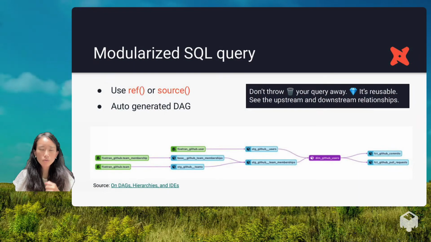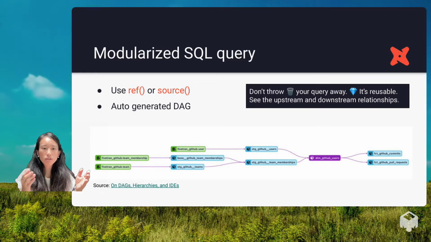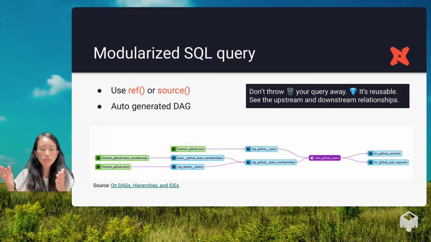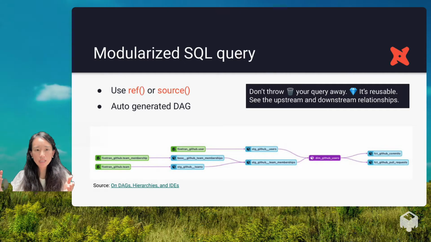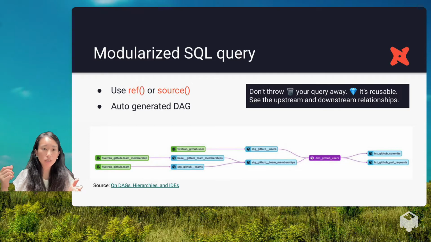The benefit of using dbt is not just about writing SQL. It's that when you write SQL, you can reuse it. And if you use the ref and source functions in dbt, it will auto-generate the DAG. As you can see in this chart, you can see the upstream and downstream all the way, and you understand where the transformed data comes from, what the source is, and even with the BI tool, how this transformed data is being used.